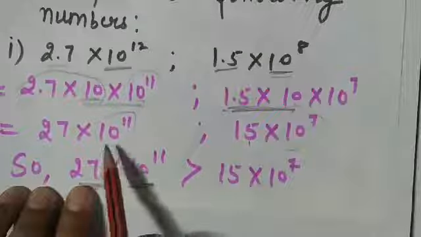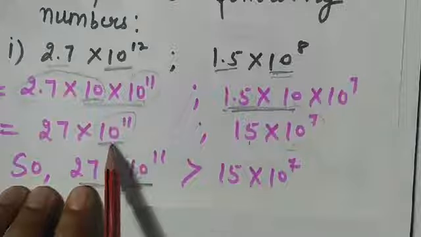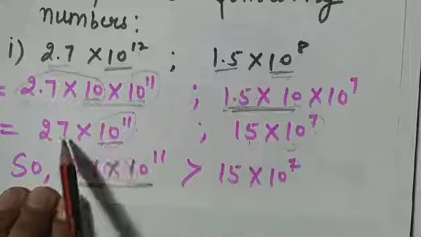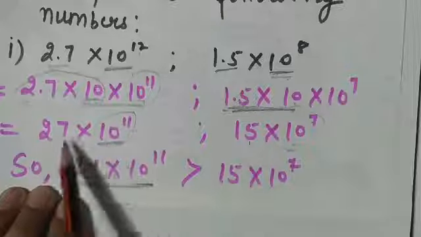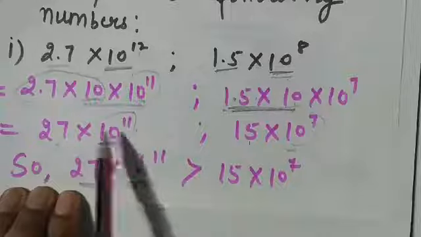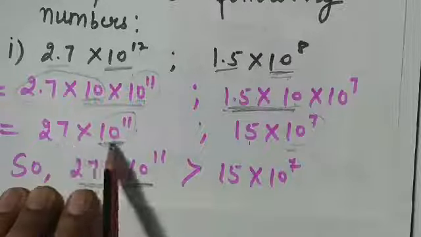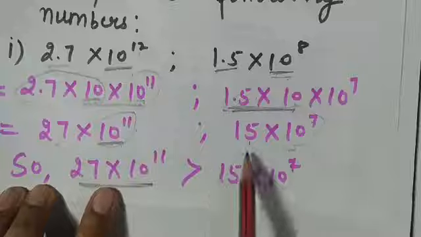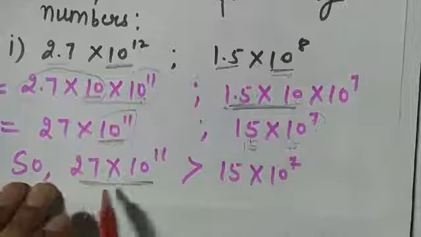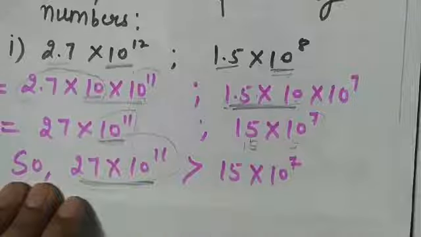If I multiply, I will observe that at the end of 27 we have 11 zeros, and here 15 and 7 zeros. So which number is greater? Obviously this number is greater than this.